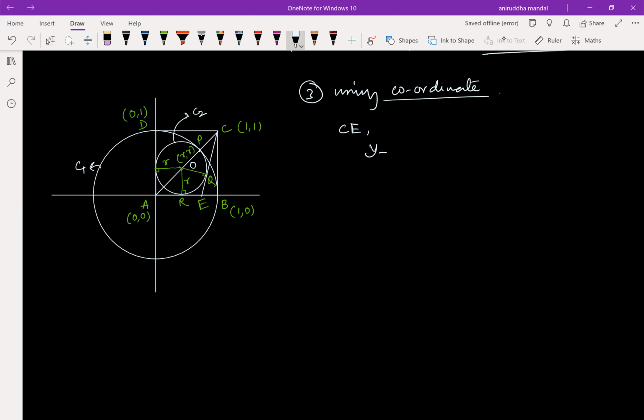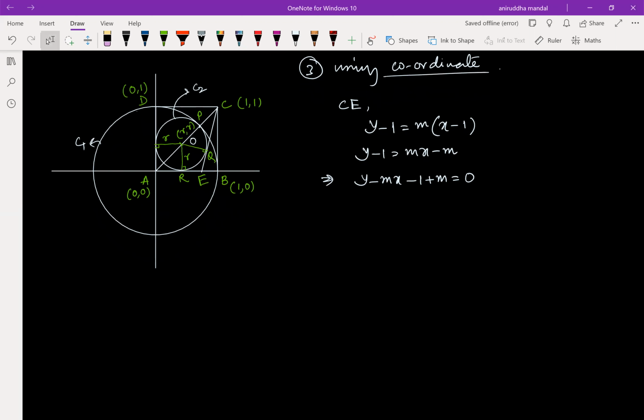So (x1, y1) is (1, 1), it passes through this, so we can write y minus 1 equals m into x minus 1. Okay, so y minus 1 equals mx minus m. So we can write this as y minus mx minus 1 plus m equal to 0.